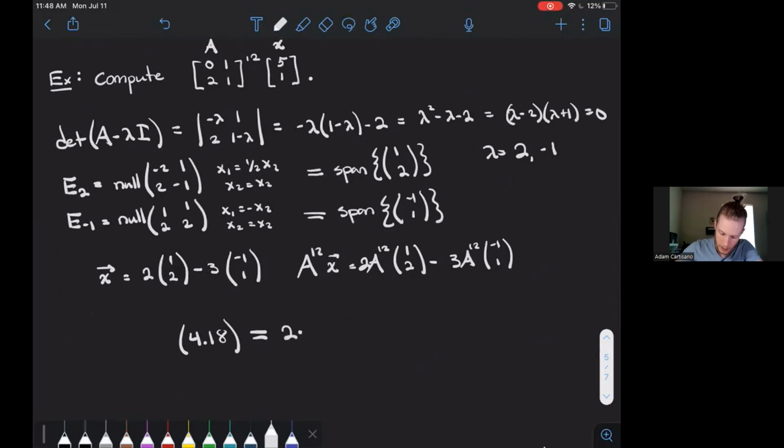So this is 2 times 2 to the 12th times 1, 2 minus 3 times -1 to the 12th times -1, 1.